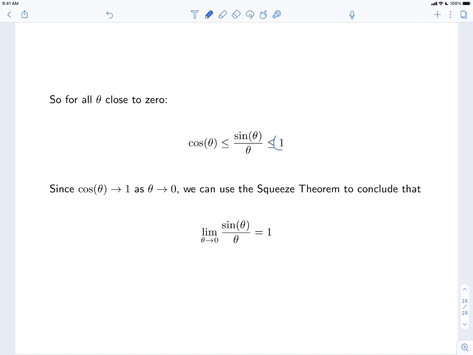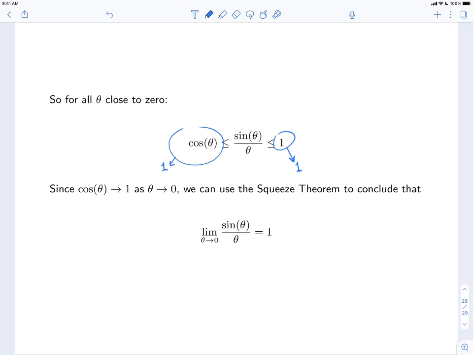The limit as theta goes to 0 of 1 just stays constant at 1. Cosine of theta also goes to 1 as theta goes to 0. So by the squeeze theorem, we conclude that the thing in the middle also goes to 1. Therefore, the limit as theta goes to 0 of sine of theta over theta is equal to 1.